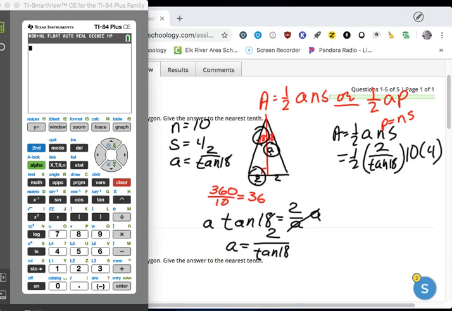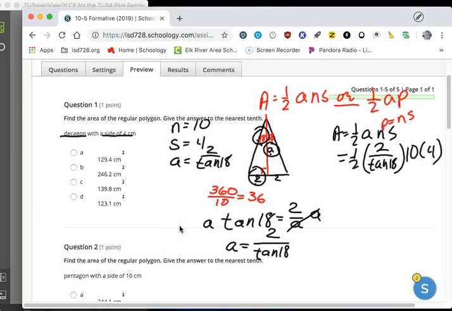I place this in my calculator: 0.5, that's 1/2, times 2 divided by tangent of 18. Now I've got to make sure I close that parenthesis. Times 40, that's what 10 times 4 is. And I get 123.10. So I'm looking at 123.1, and that's the one I'm going to circle in.